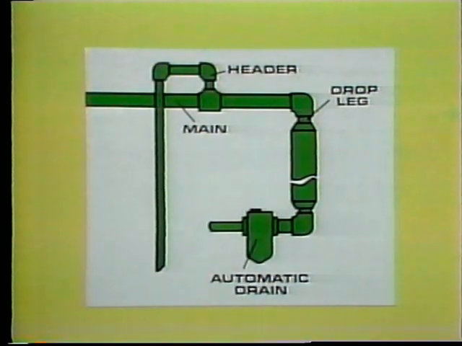Water legs with automatic drains should be located at low points along the line. This will help to reduce further the accumulation of moisture in the system. Finally, distribution mains, feeders, and headers should be installed with a small slope. This will help condensation move to the drain points.